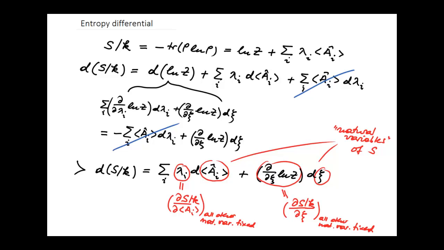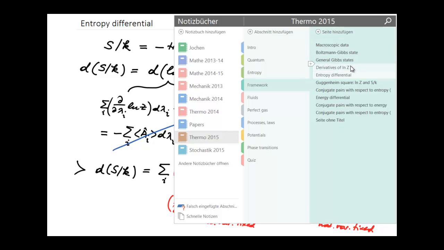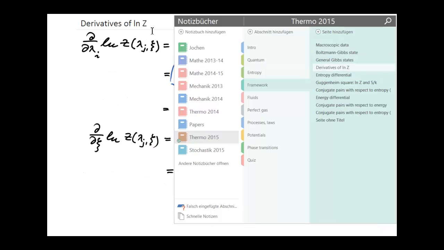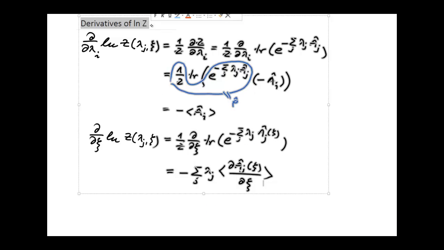Compare this to the case of the log of the partition function. So let me go back for a minute to the previous page.